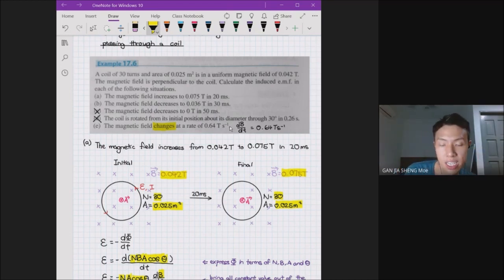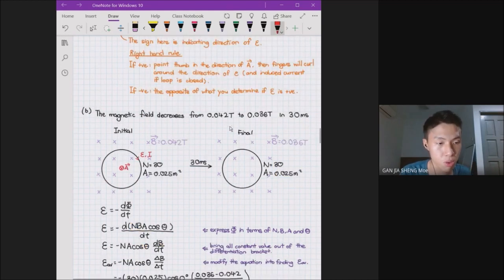So whether this is an increase or decrease of the magnetic field, we can't determine for sure. That means by this value, we don't know whether it's positive or negative. So later when we get our induced EMF, whether it's a positive sign or negative sign, the sign doesn't carry much meaning anymore, because you don't know whether it's an increment or a decrement of the magnetic field.